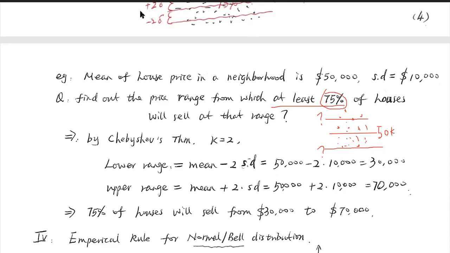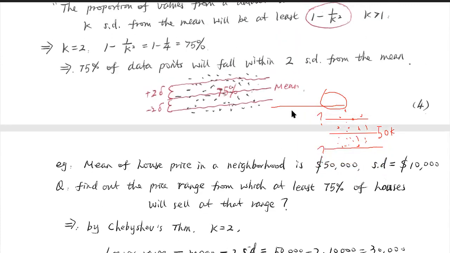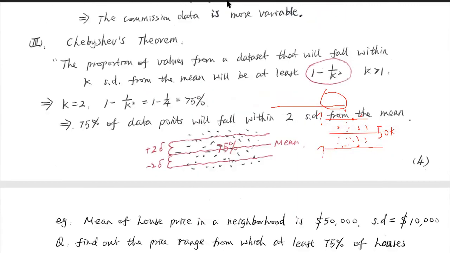75%, if you remember previously, whenever we have 75%, the corresponding K should be equal to what? 2. That's right. So 75% always is about 2 standard deviations away, right? Earlier, I said, how about 3? Say on the exam or homework, I change this question.